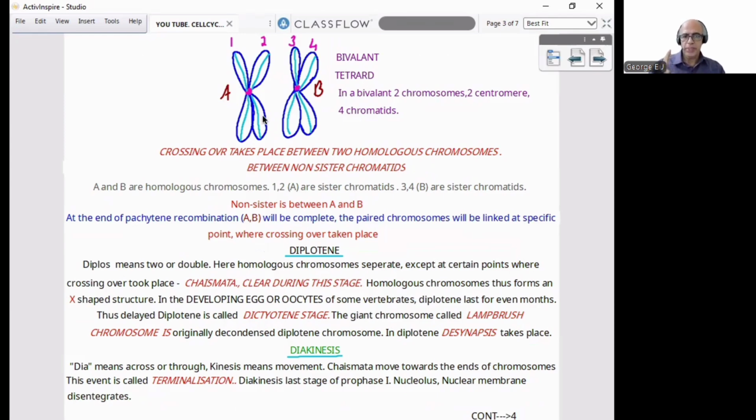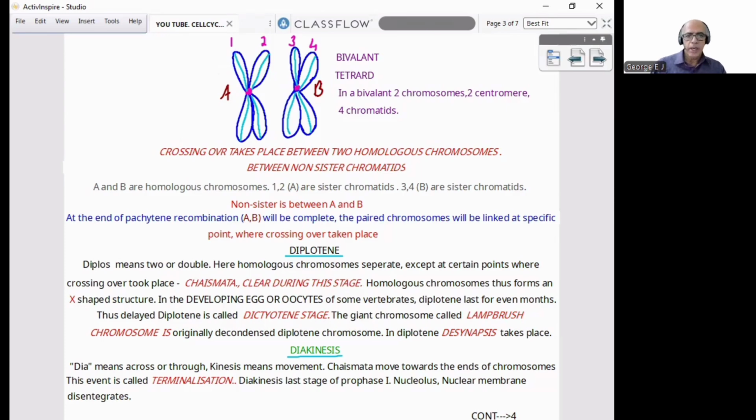Crossing over is the exchange of genetic material between two homologous chromosomes, between non-sister chromatids. So 1 and 2 are sisters, 3 and 4 are sisters. 1 and 2 in comparison with 3 and 4 are non-sisters.